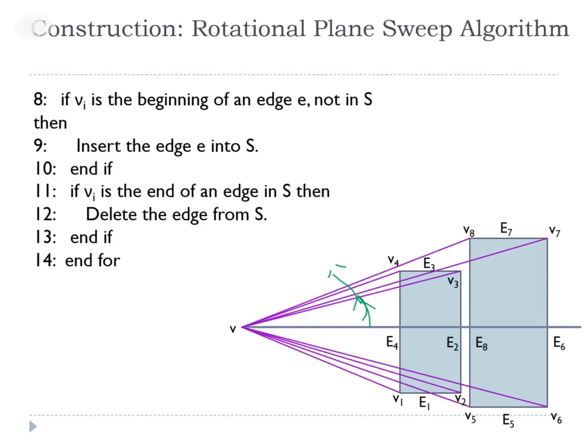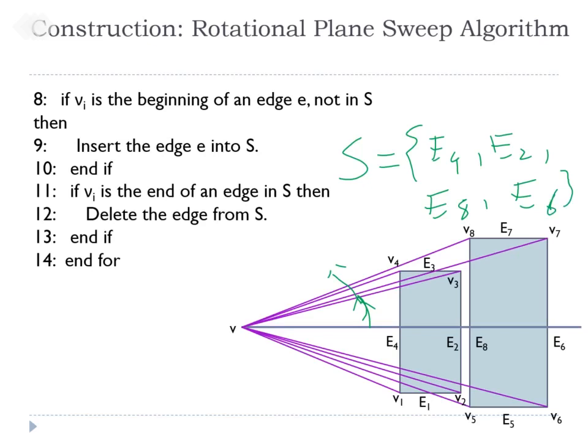On the other hand, if Vi is the end of an edge in S, then we delete the edge from S. So if you remember, initially the edge list S is containing E4, E2, E8 and E6. This is the initial edge list.